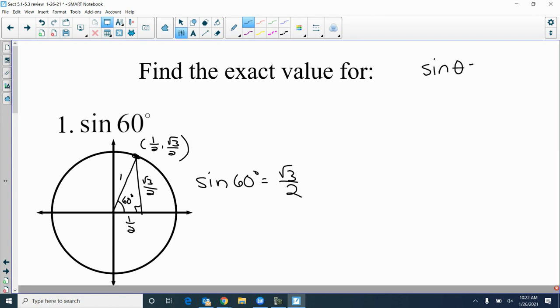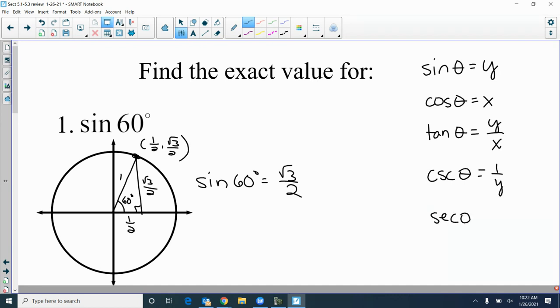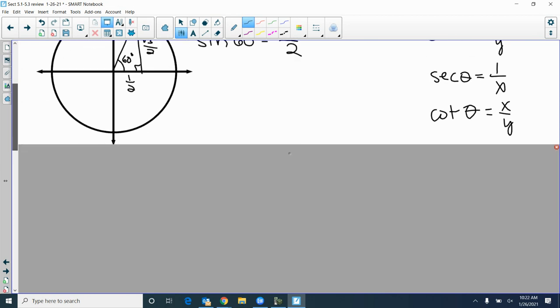We went over yesterday on that front page: sine of theta is the y value, cosine of theta is the x value, tangent is y over x, cosecant is 1 over y, secant is 1 over x, and cotangent is x over y. All right, so that's the sine of 60 degrees.